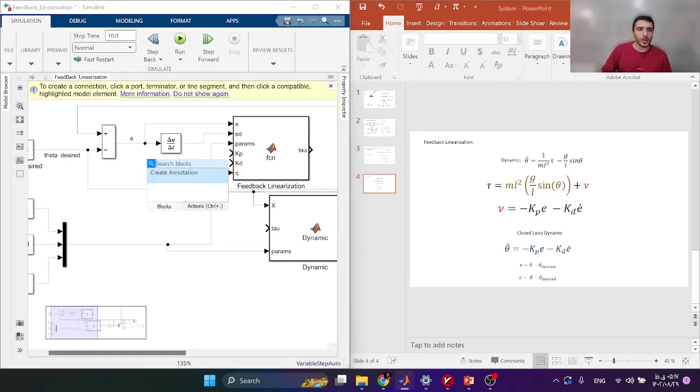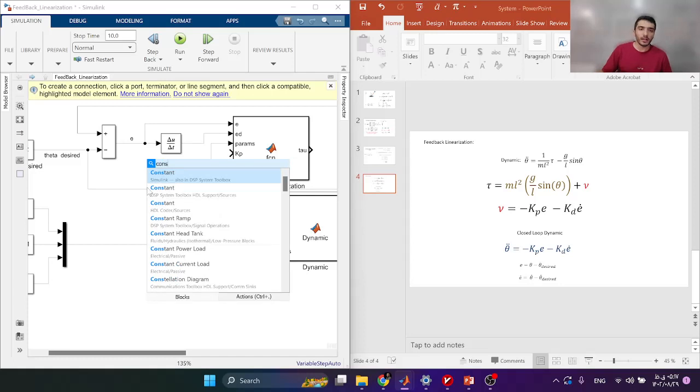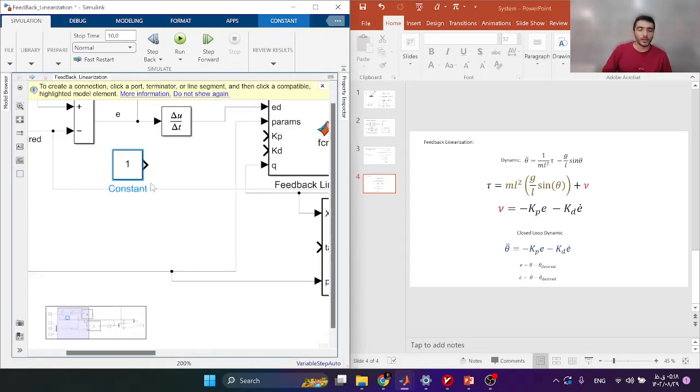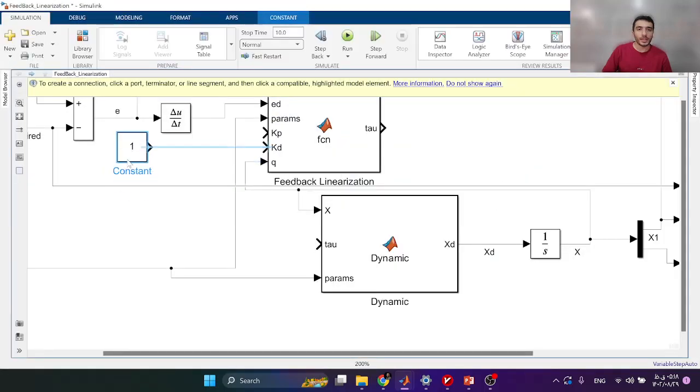For now, I will import a constant to import the kp and kd.